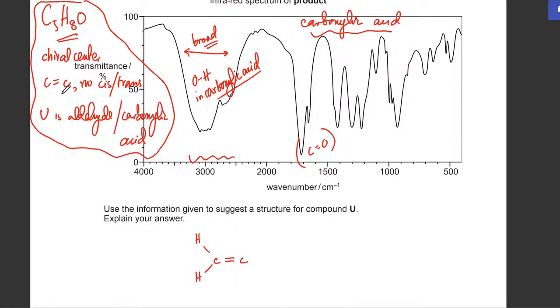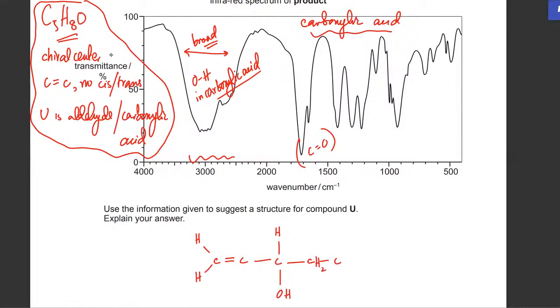So it's got a double bond that doesn't make cis-trans. Then it has to be chiral as well, so the next carbon has to be chiral, so it should have 4 different groups. How many carbons are left with me? I'm going to use 2 carbons over here and an H over here, and then put OH here, okay, clear?